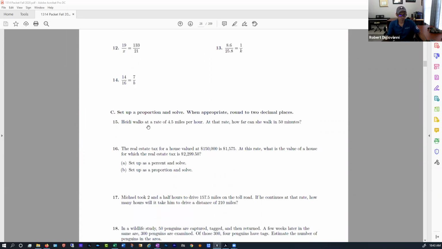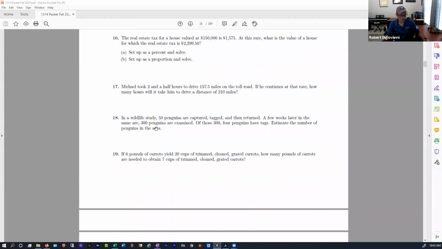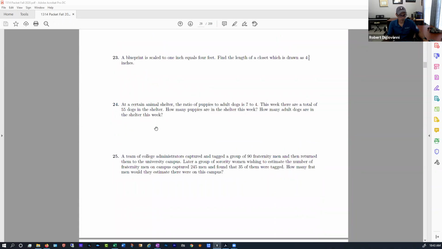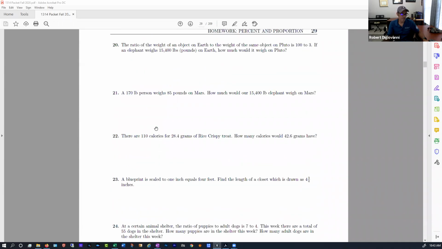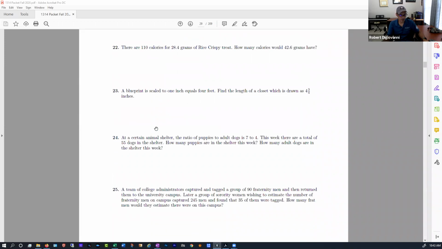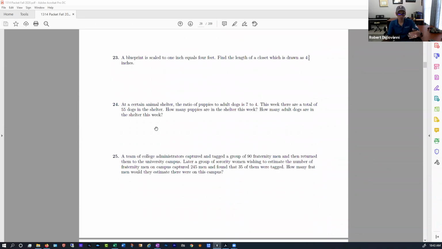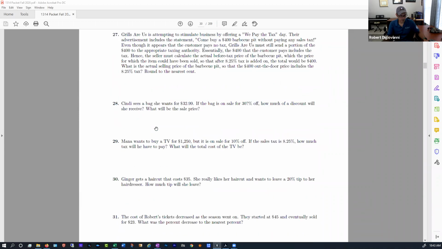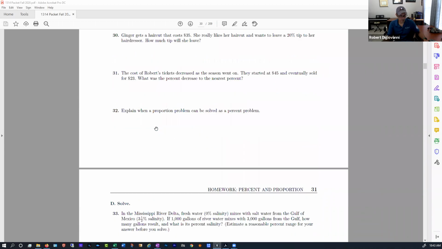Part C are proportions. This was kind of what we started class with. You set up the equivalence, you do the two ratios, you figure out what you're solving for. So all of those. And again, you don't have to do every single one of these, but the more practice, the better. And problems from the test will come from this. That's a lot of problems.